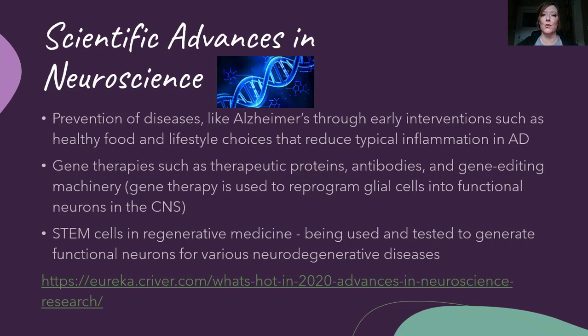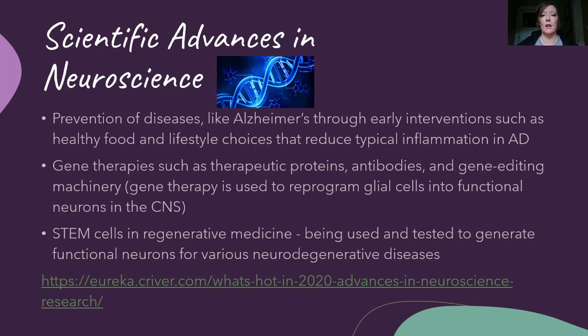So this is really pretty cutting edge, and this is in neuroscience. Sounds old-fashioned, just eating differently and making different lifestyle changes you wouldn't think would have a huge impact on things like Alzheimer's disease, but we know for a fact now that they do.